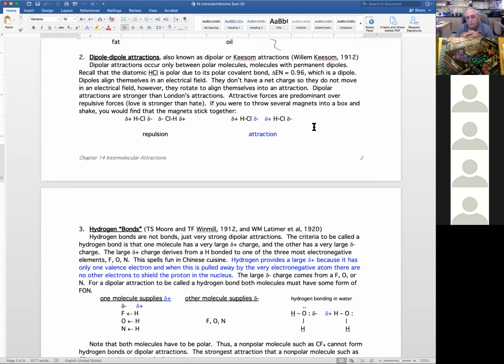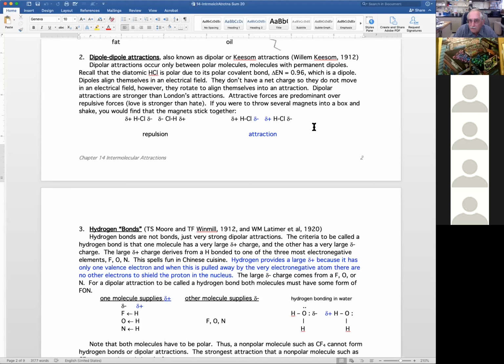So the strength of the repulsive force should be equal to the strength of the attractive force. However, in nature, one is predominant over the other. So for example, I take a bunch of magnets, I put them in a box, I shake the box all up, I don't have any idea what's going to happen, I throw it across the room and I go, look.